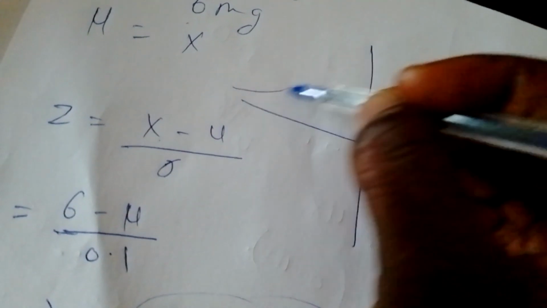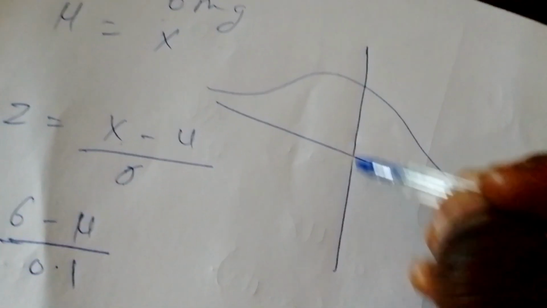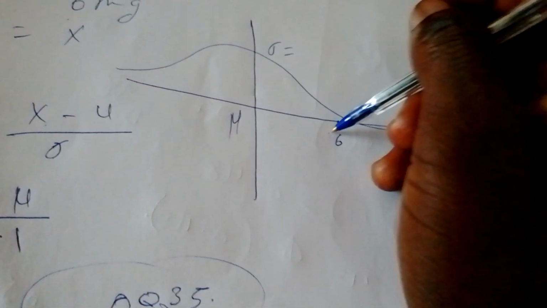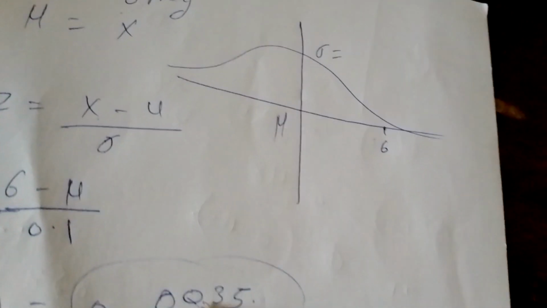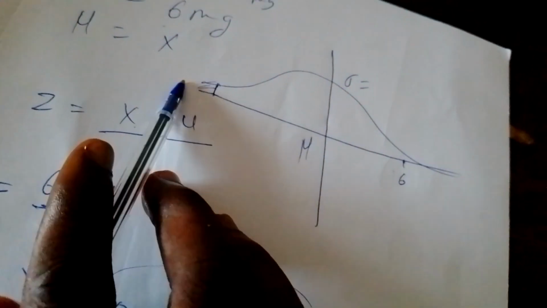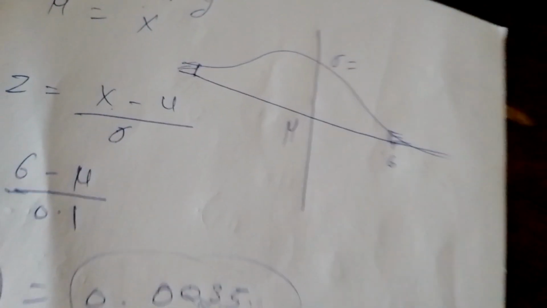If you draw the distribution, we are concerned about 6 milligrams, so let me put 6 here, and the mean, which we don't know, and a sigma here. The probability of z being this small number is out here, but we are not concerned about this side of it, we are concerned about this side. So you can just take 1 minus this.